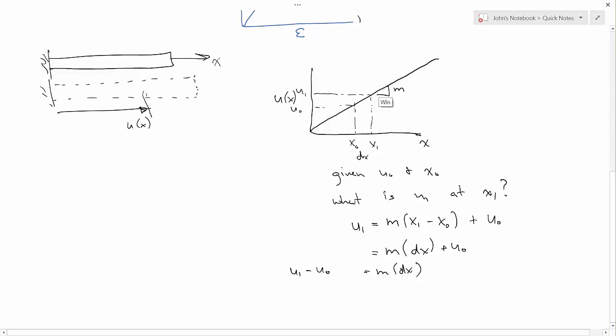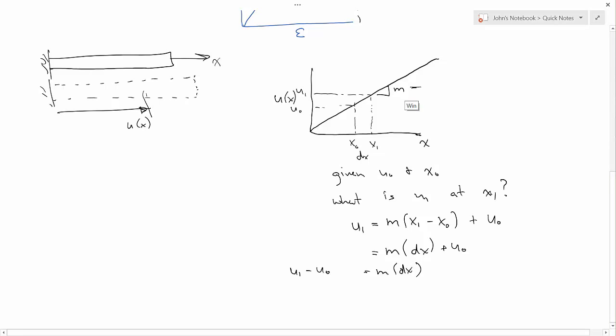Now, what's the mathematical definition of the slope of a line? In calculus terms, it's the derivative of the curve.